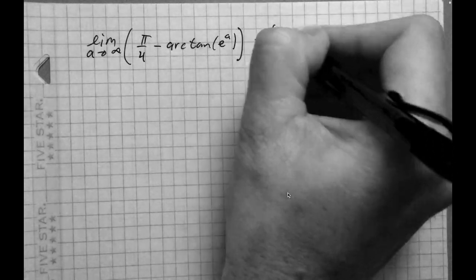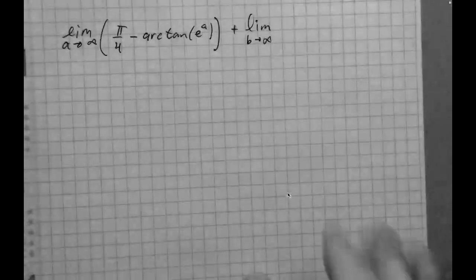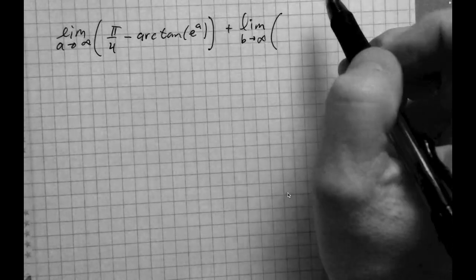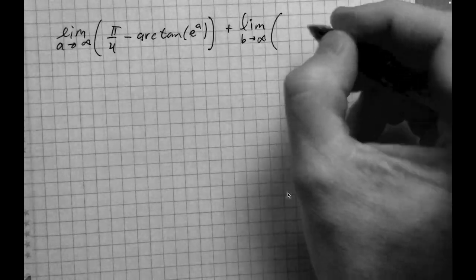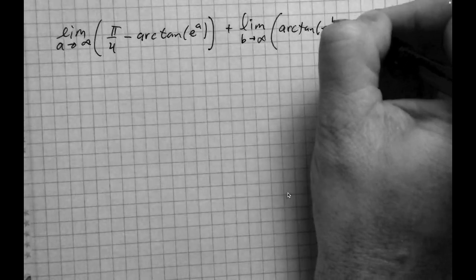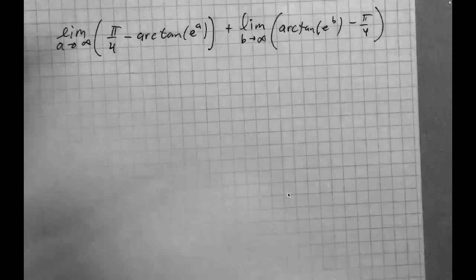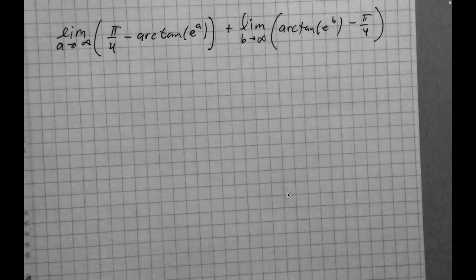Then plus the limit as b goes to infinity of the arctangent of e to the b power minus pi over 4. No problem there.